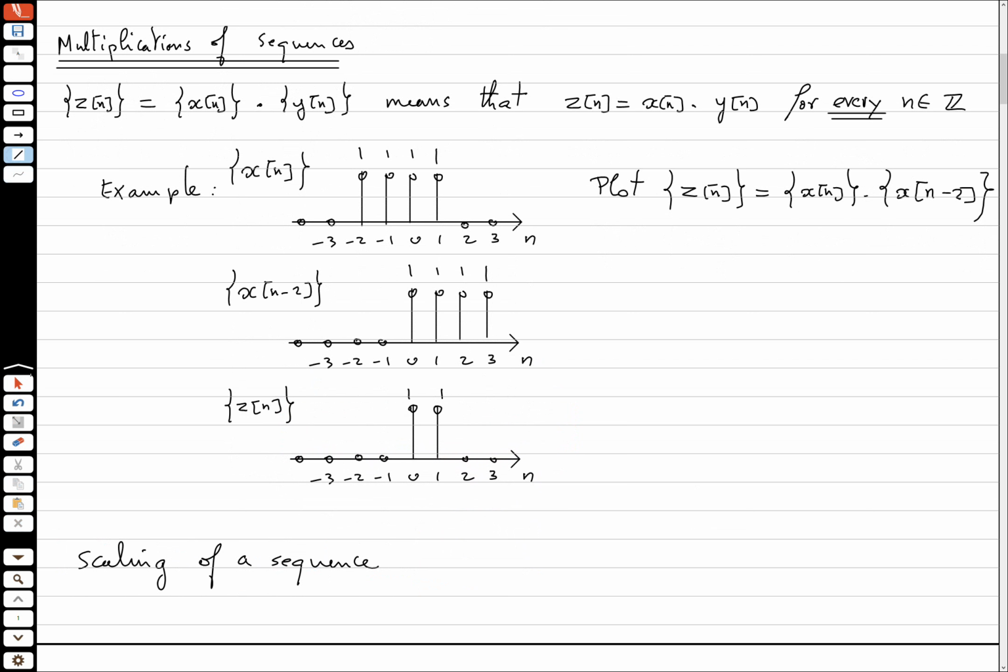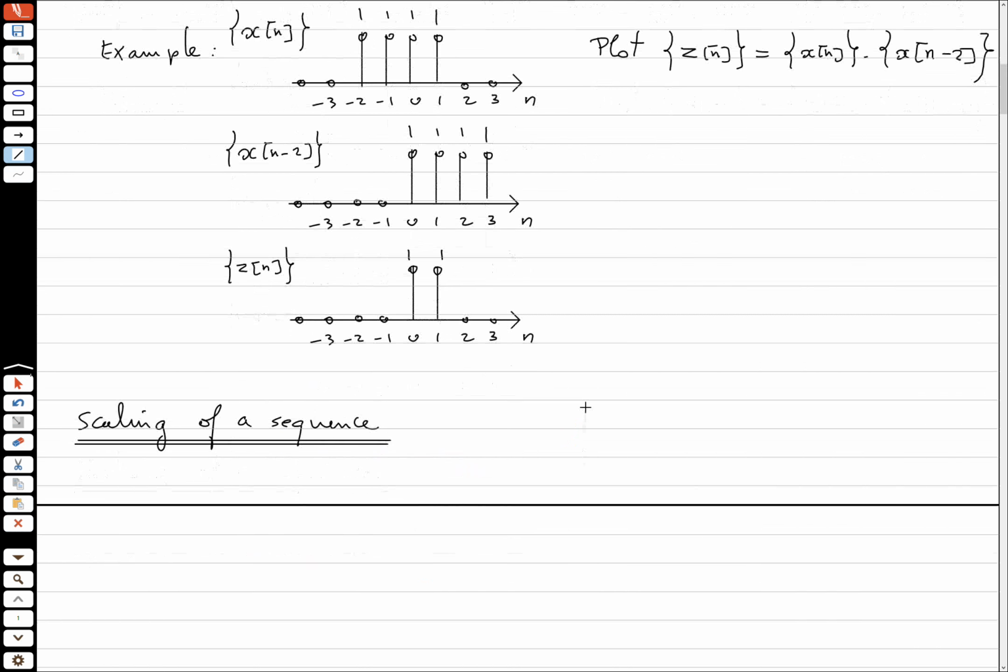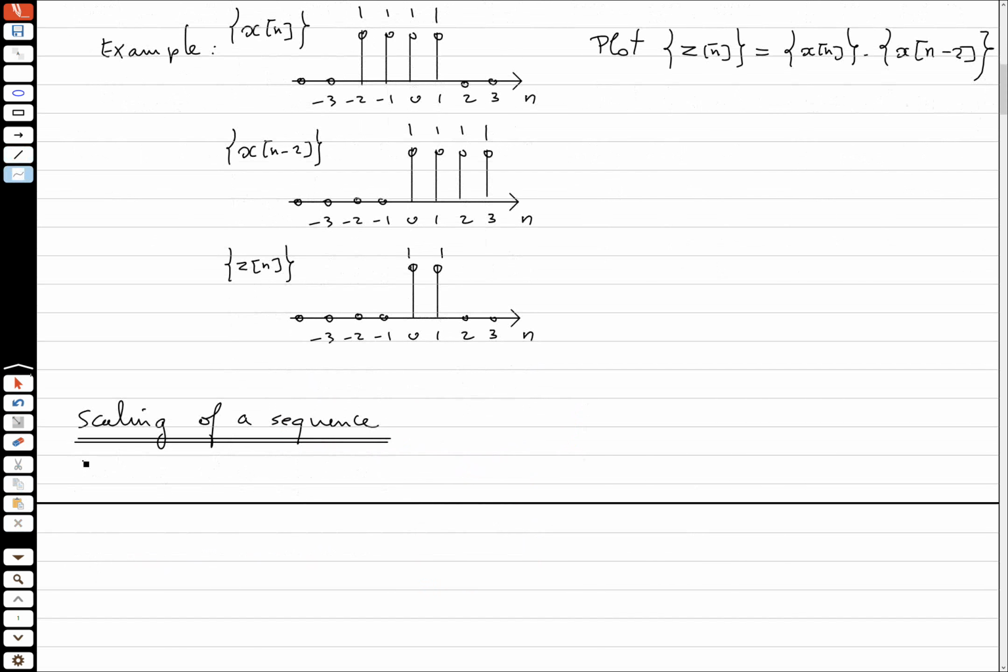So if you see this, y of n equals alpha times x of n, then this means that y of n equals alpha x of n for every n.